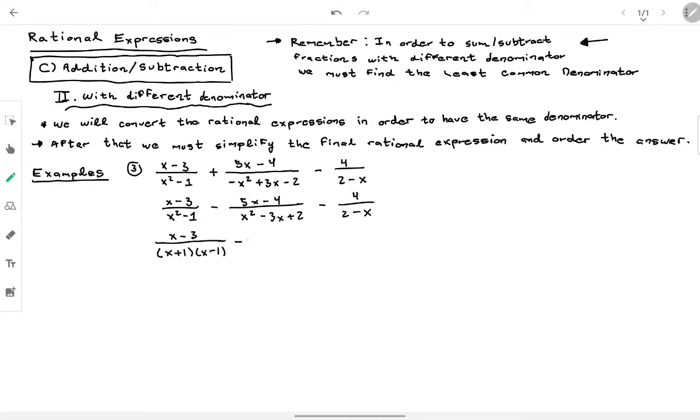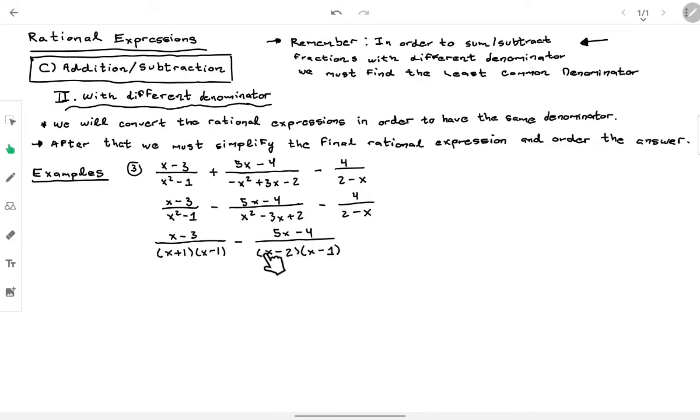What happens next? It's going to be x minus, two numbers that when multiplied give plus 2 and when added give minus 3: minus 2 and minus 1. So let's check here also. We can do the same trick again.